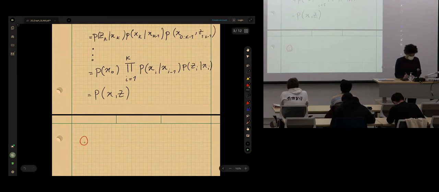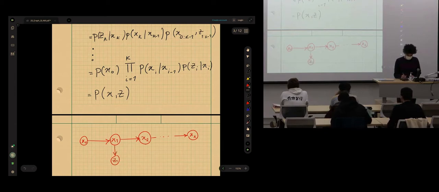So if we want to show this graphically, using this directed graph.